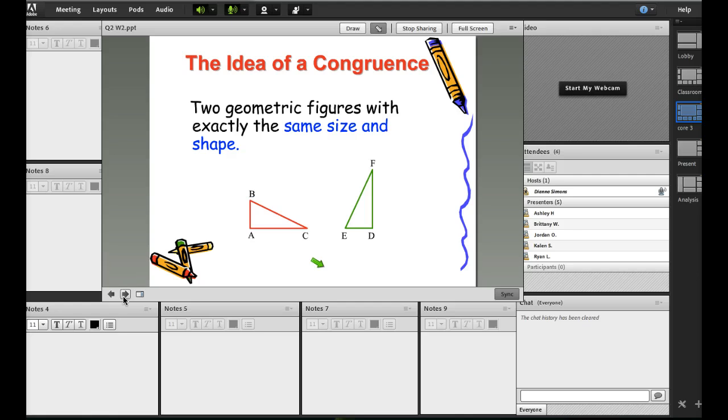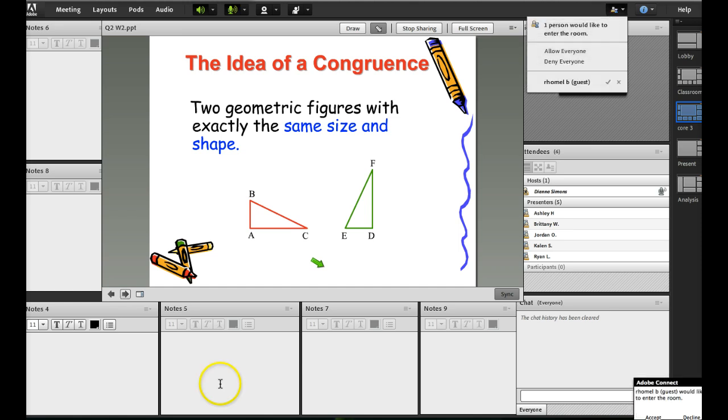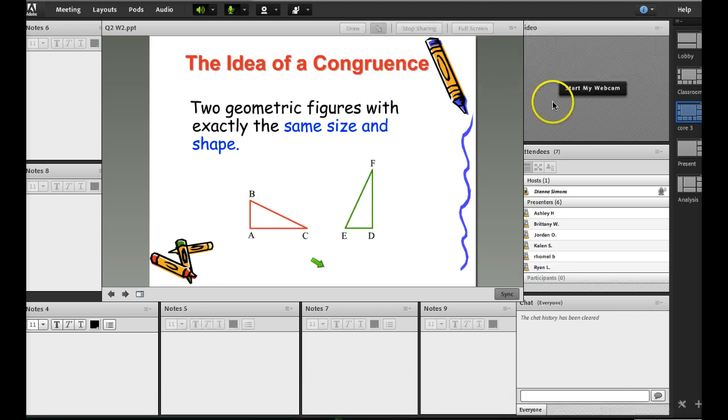So the idea of congruency. Somebody on the assignments kept saying that congruent and similar were the same thing, and they're not. What's the difference? Can you guys type in there what the difference is between congruent and similar?